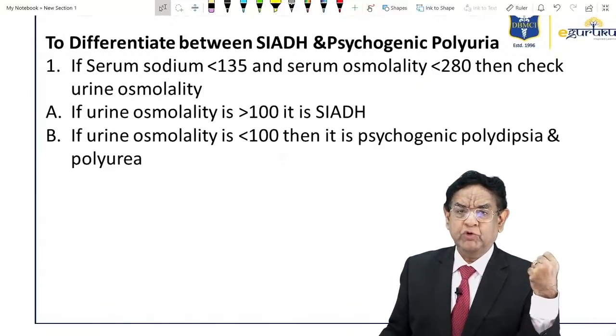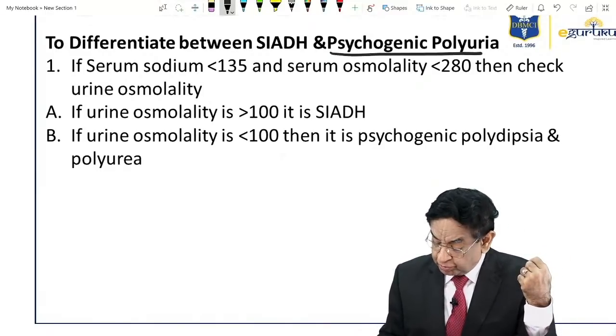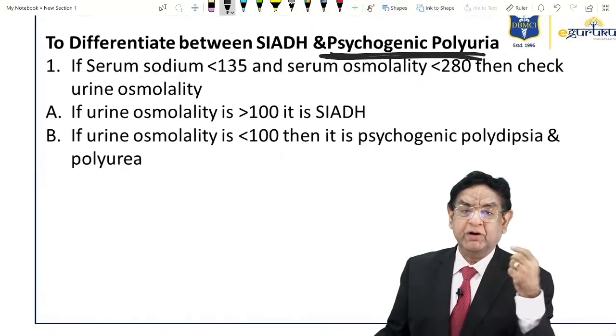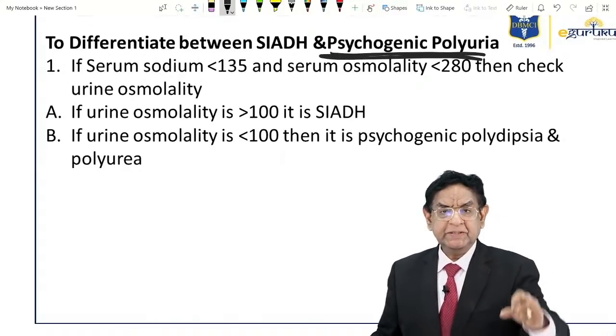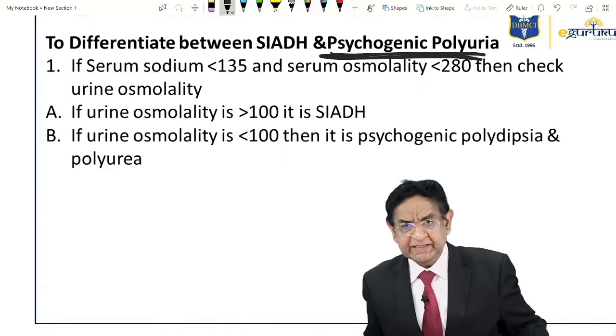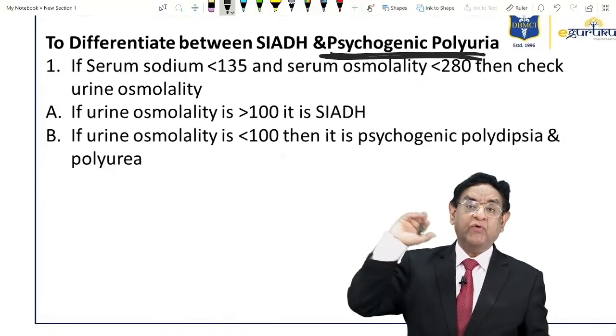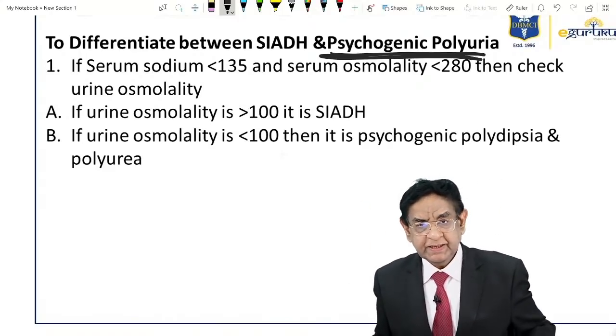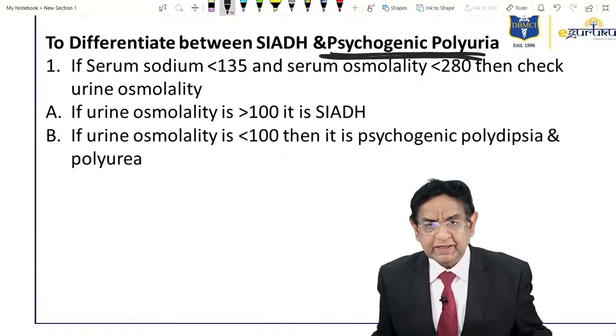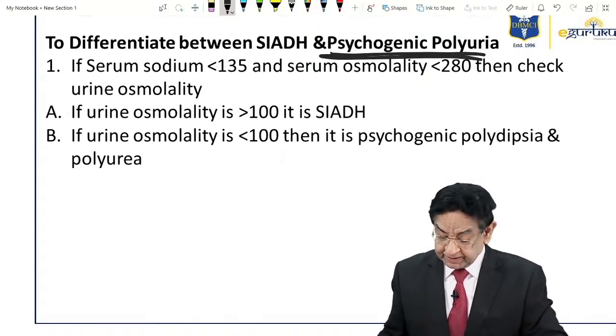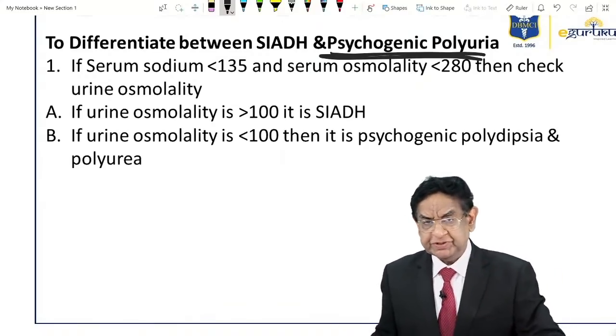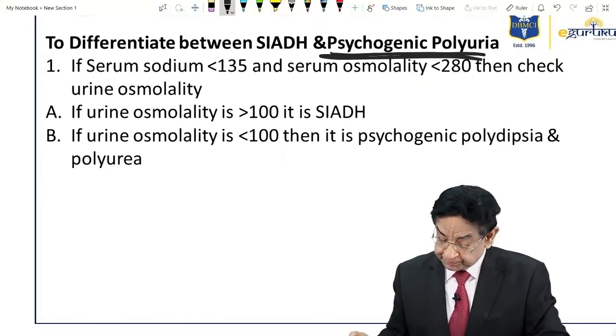Well, we have one more condition where the patient has psychogenic polyuria. Very commonly asked question. It is quite commonly seen in middle-aged ladies, who keep on drinking water and keep on passing urine. Now you want to differentiate between the two.